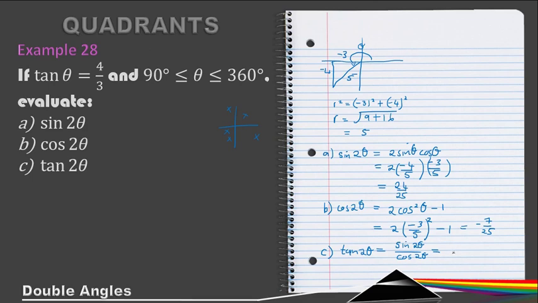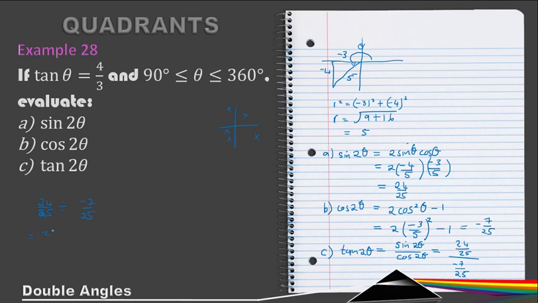So for sine 2 theta we had 24 over 25, and for cos 2 theta we had negative 7 over 25. Now, the steps are pretty easy to simplify this. We just say this divided by that. If I say 24 over 25 divided by the bottom fraction, negative 7 over 25, then this division becomes times.